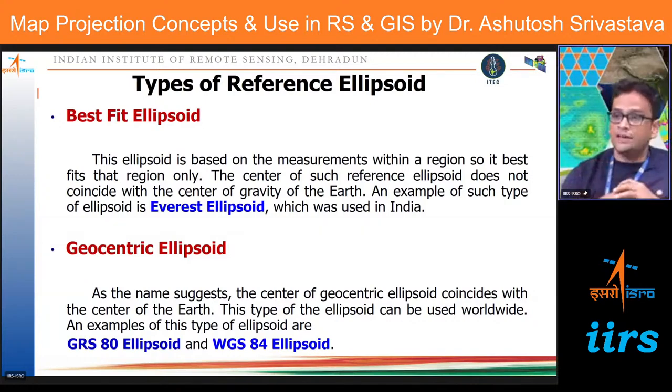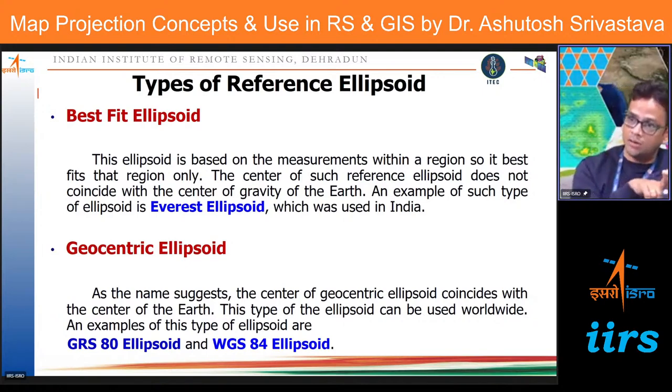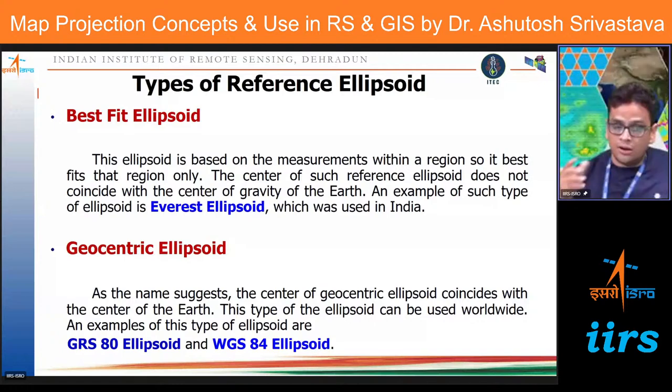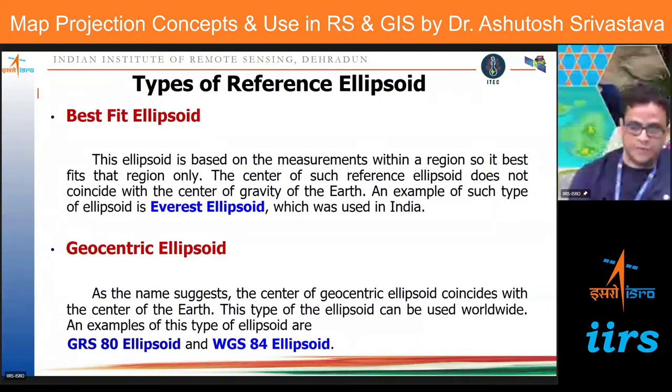But in today's time, we have a geocentric ellipsoid, meaning the center of the ellipsoid will meet the center of the Earth. Today we have the WGS 84 and GRS 80 ellipsoids, which were developed in today's time, and globally we are using these ellipsoids.